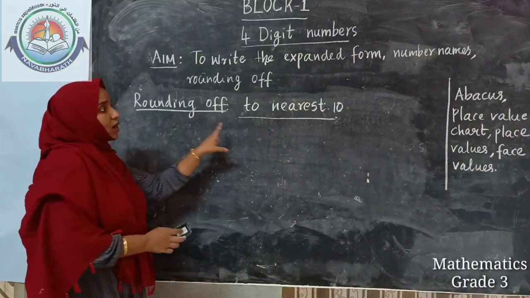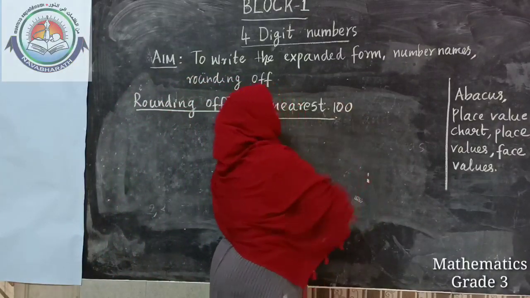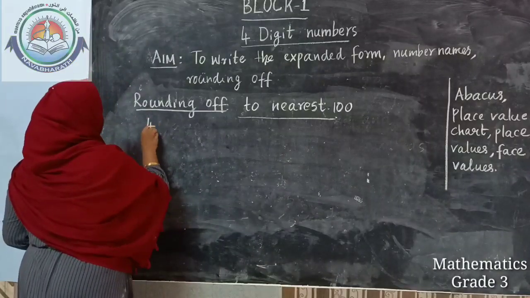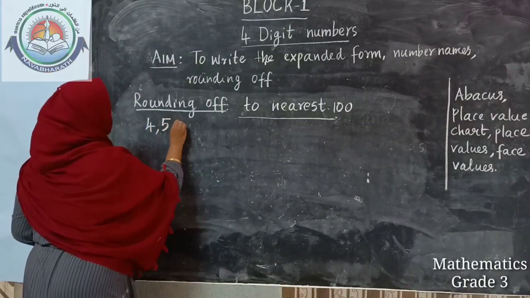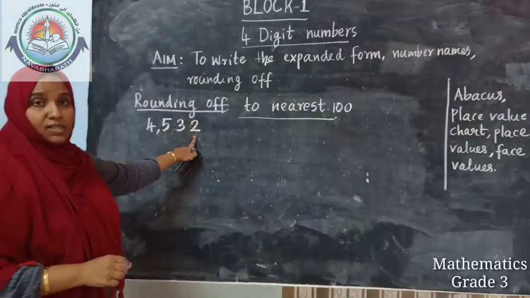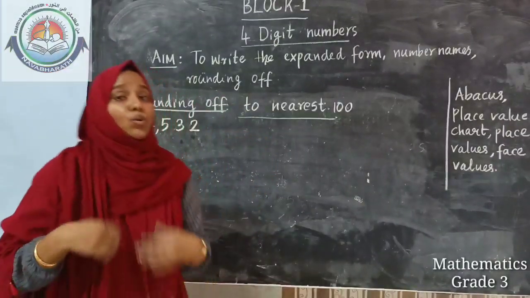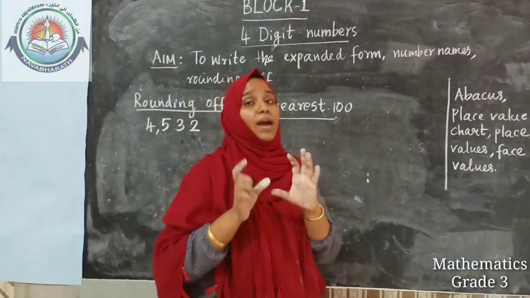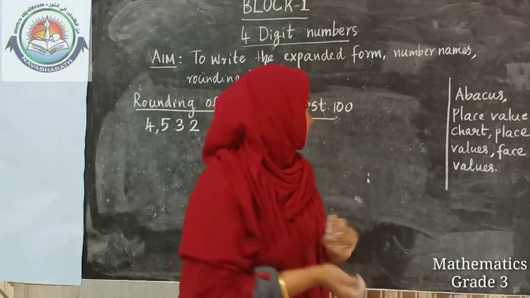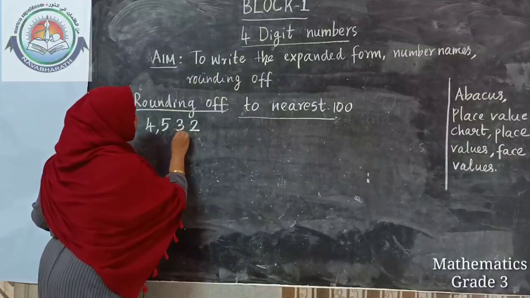Next, we can consider rounding off to nearest 100 of a 4-digit number. If the number is 4532, rounding off a number to nearest 100 means after rounding off, that number ends in 2 zeros. So, we should look at the number at the tens place.